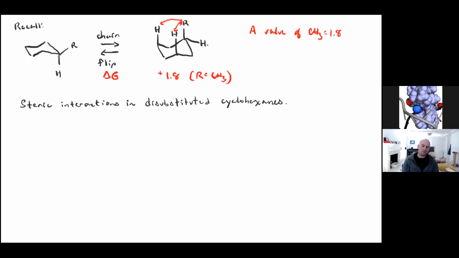Okay, and so we'll focus this initial discussion on disubstituted cyclohexanes. And there are two ways to bin the scenarios here.